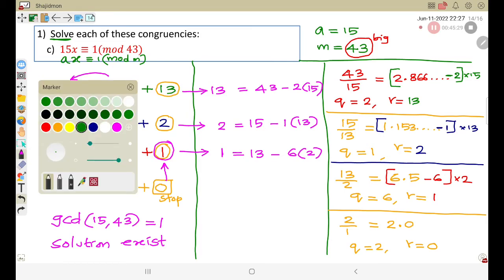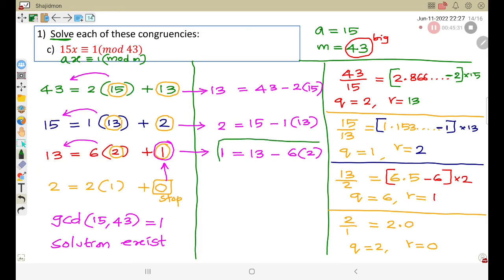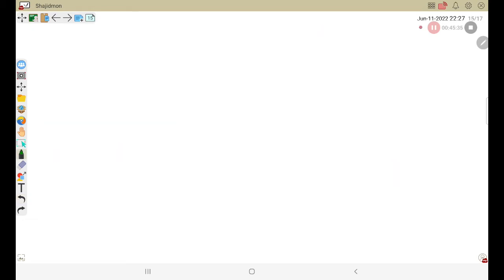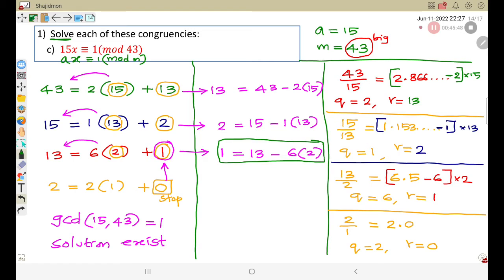Okay. Now starting from this step to get the solution. So 1 equals 13 minus 6 multiplied by 2. Now which number do we need to change? The 2 number, this number, correct?